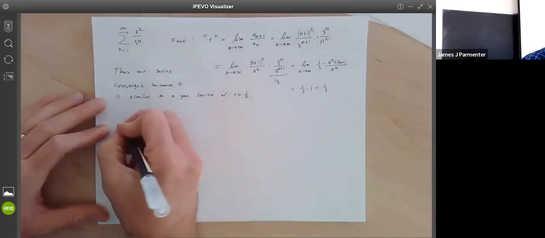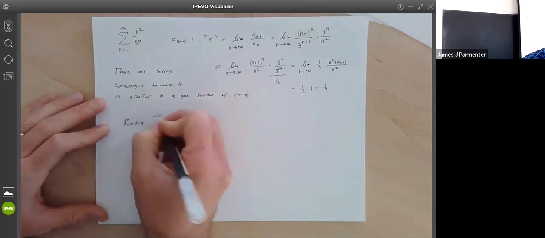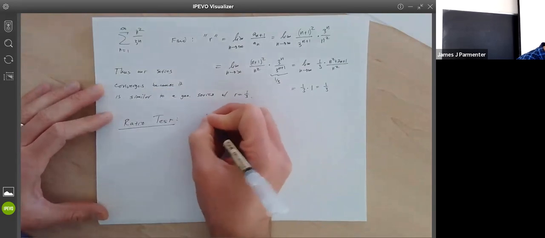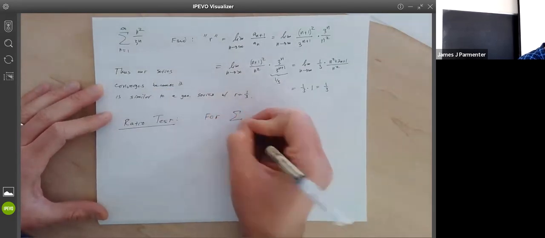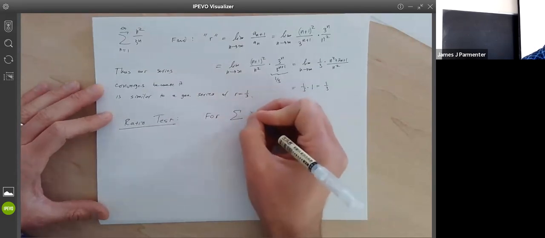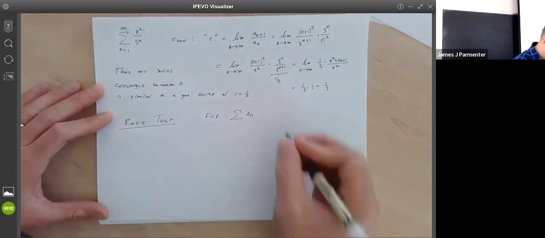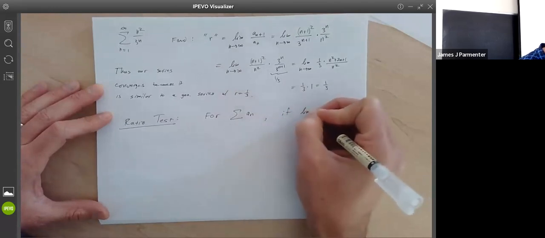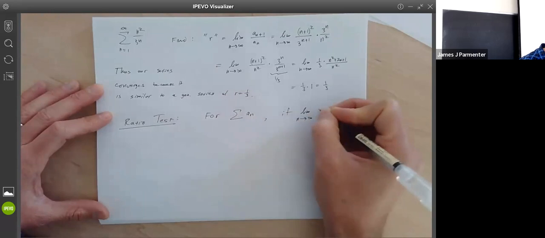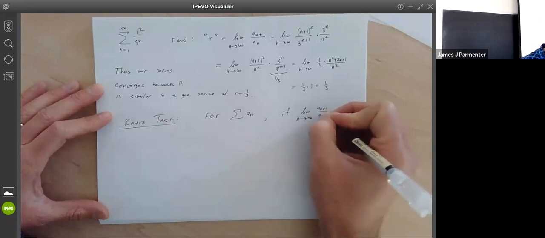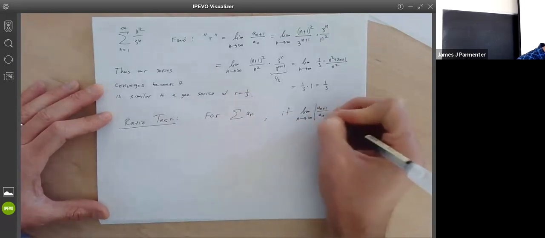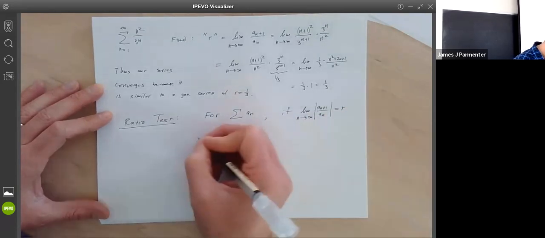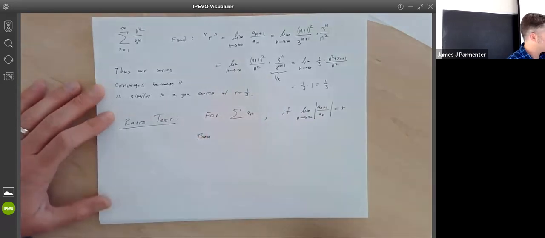So here is the ratio test. For a series, sum from whatever of a sub n, if the limit as n goes to infinity of the n+1 term over the n term, usually we put some absolute values around that, is equal to r, then one of 3 things can happen.